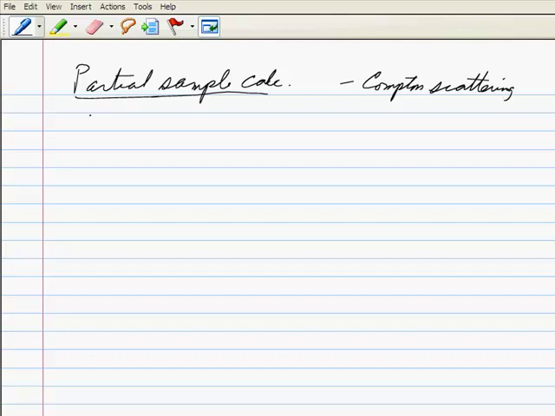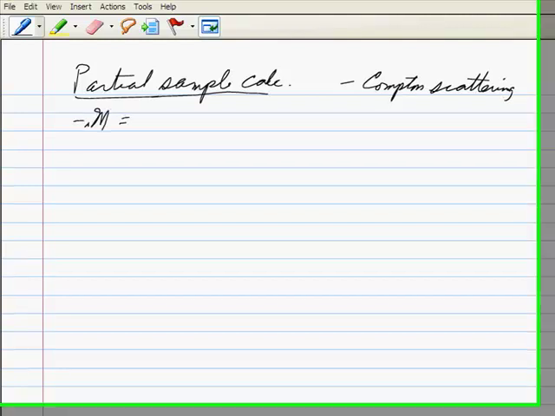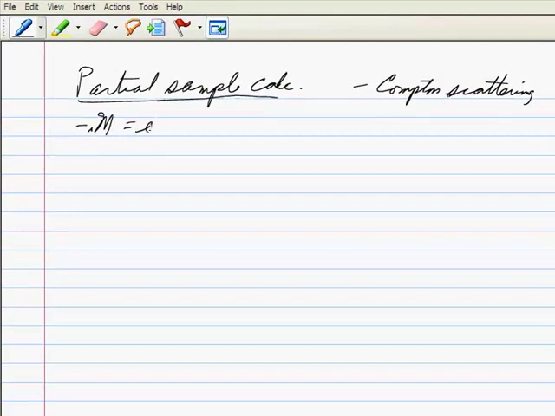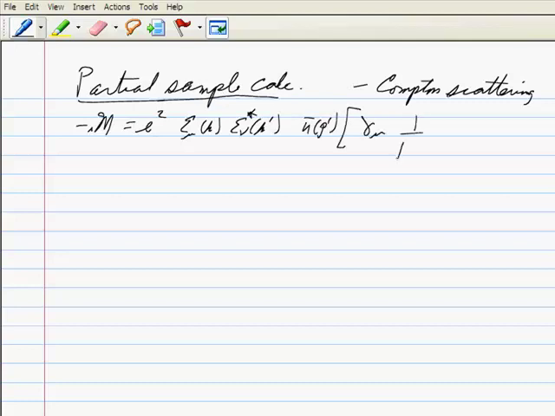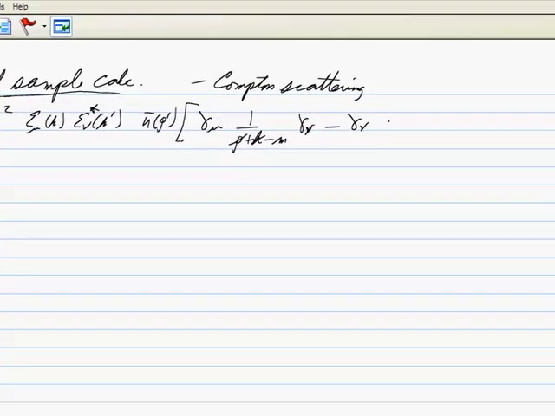We wrote out the two matrix elements, minus iM, which was e squared epsilon mu of k, epsilon nu of k prime starred, u bar of p prime, gamma mu 1 over p-slash minus plus k-slash minus m gamma nu, minus gamma nu 1 over p prime slash minus k-slash minus m gamma mu, u of p.